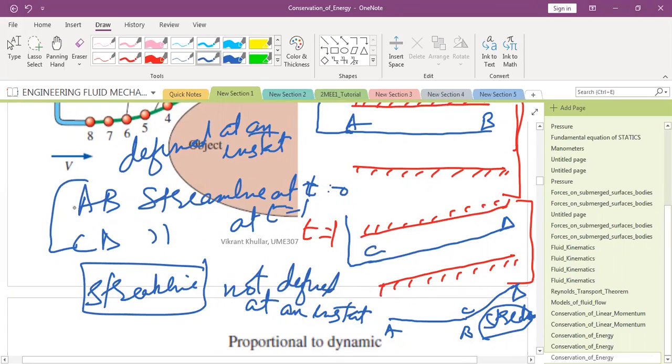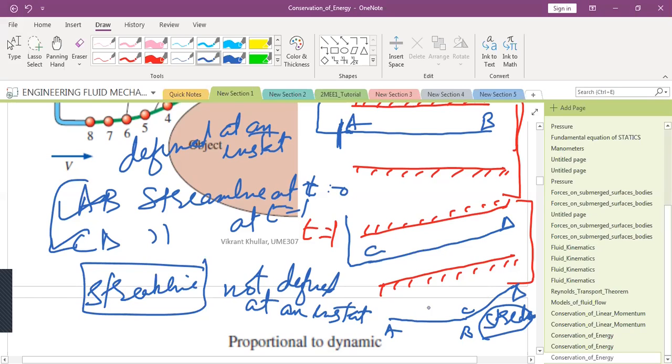So please remember AB and CD independently are streamlines at t equal to 0 and t equal to 1. But streak lines you cannot define at any instant in time. It is whatever has passed through some point. If you join all the particles that have crossed some point at some point in time, that combined line is called the streak line.